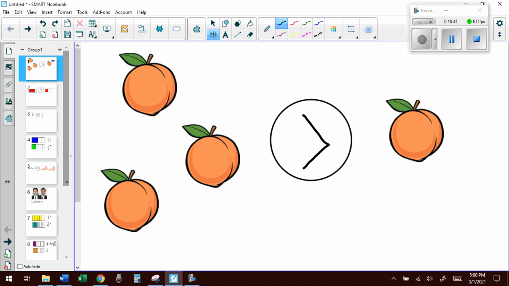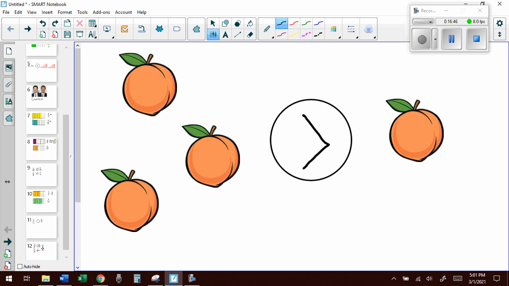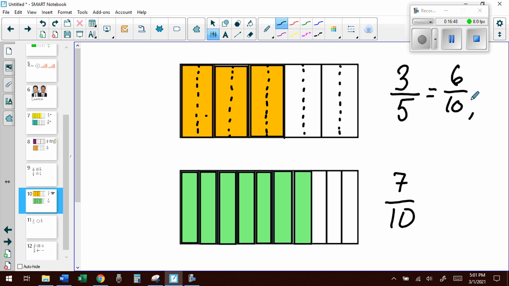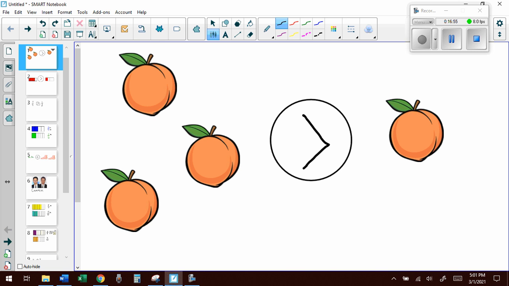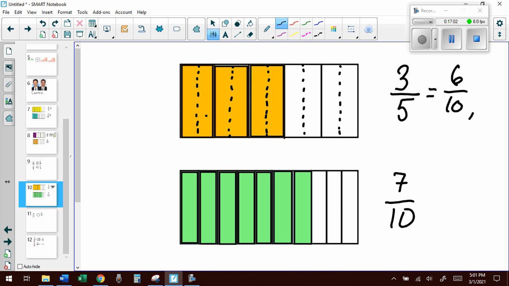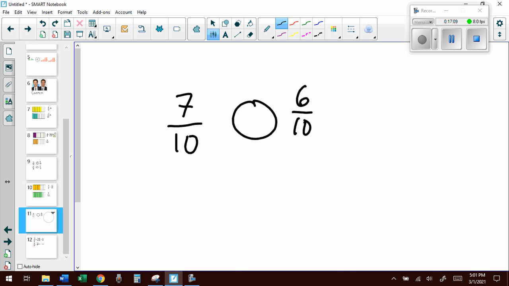Your unit here in the tenths, they're peaches. That's our unit. Now, which side has more peaches? If we look at 6 peaches compared to 7 peaches, 7 peaches is greater. And here we have 7/10 is greater than 6/10.